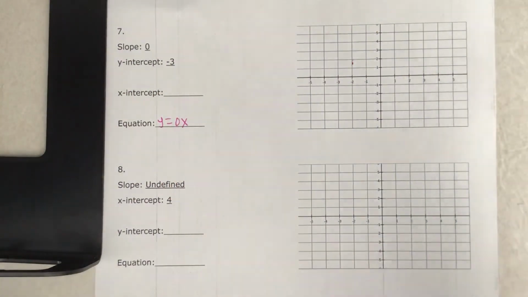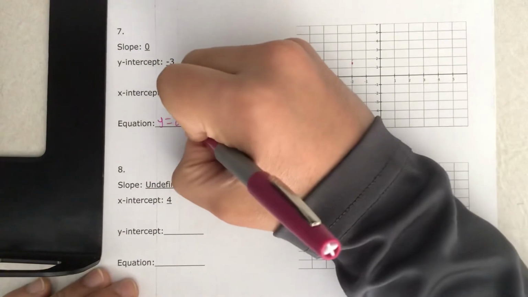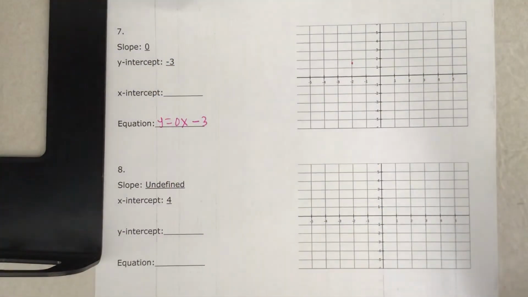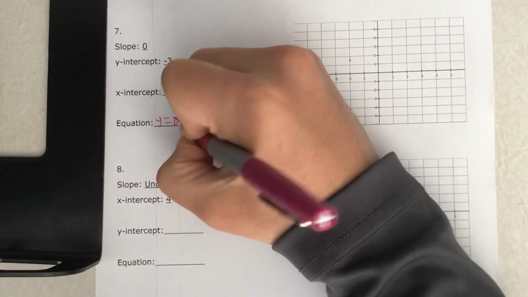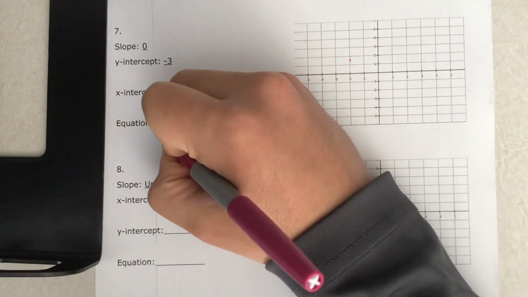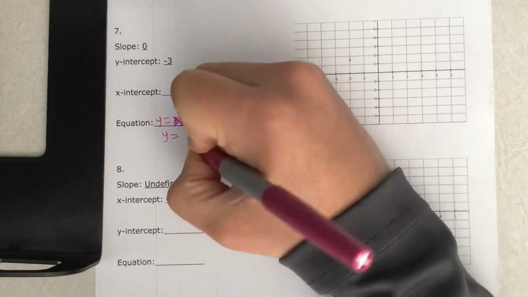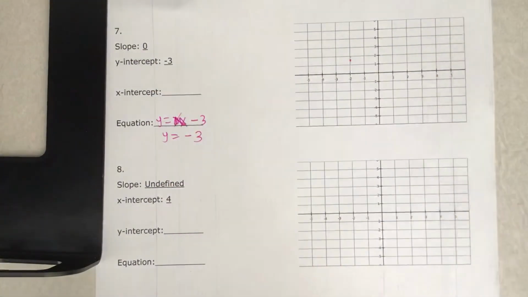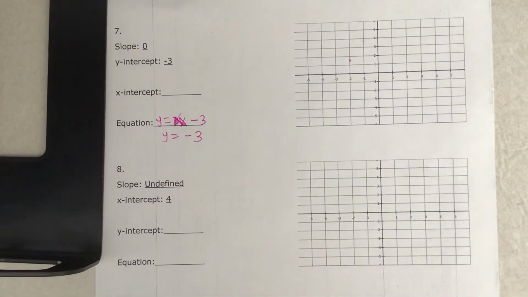I know some of y'all are probably thinking that looks funky, but it's okay. And now I put my y-intercept as -3. But hopefully y'all noticed that the 0x looks weird. We never put 0x, and you're right. So I'm just going to get rid of it. We don't need that. So my equation with the slope of 0 and a y-intercept of -3 is just y equals -3. Okay, that's it.